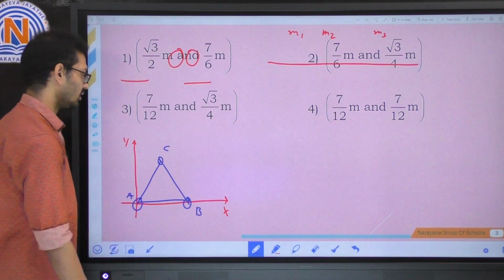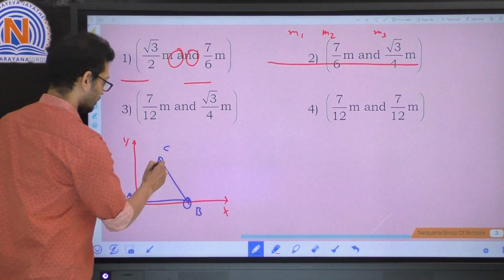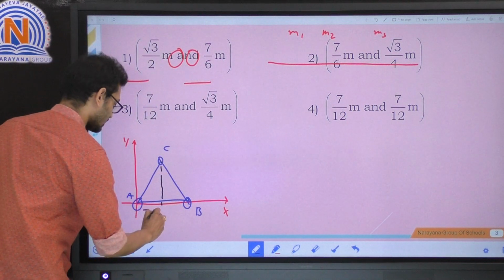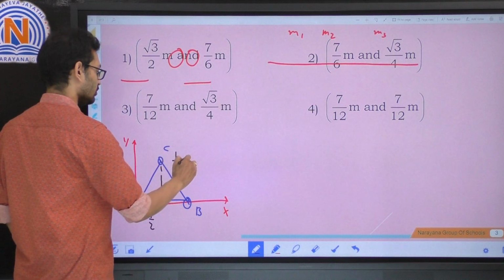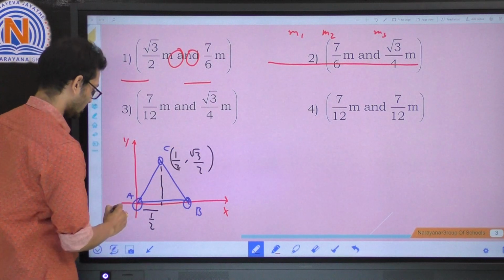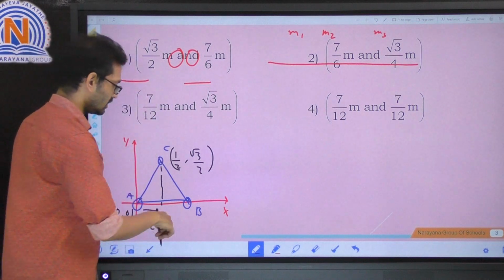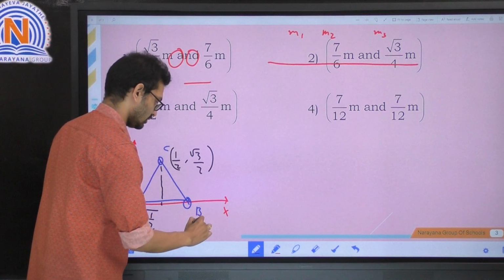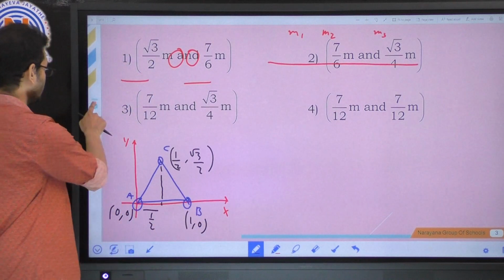Now if you observe clearly, here the x value is half, and the y value if you calculate you will get (1/2, root 3 by 2). And here what you have is (0, 0), which is given in the question. This is also given in the question, and this is (1, 0), they have given you.